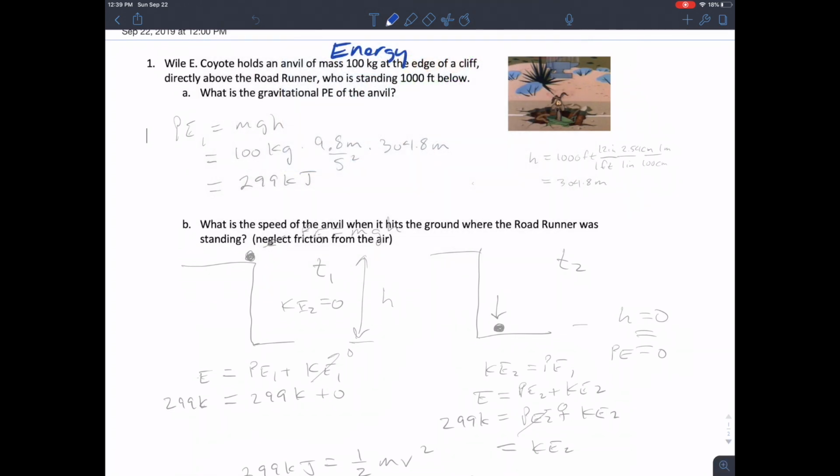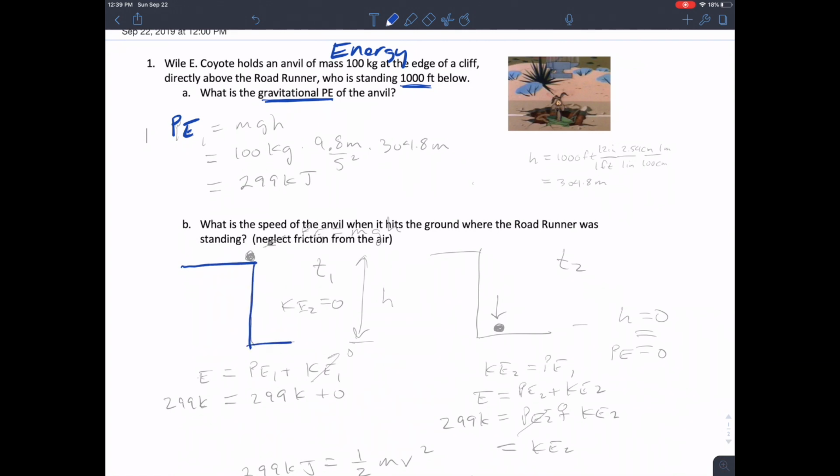Okay, so we started off, and the easy question, I suppose, was to find the gravitational potential of the anvil that was 1,000 feet above on a cliff that the Roadrunner was going to drop. Okay, so what we know is the formula for potential energy. Over here I have a picture to draw.